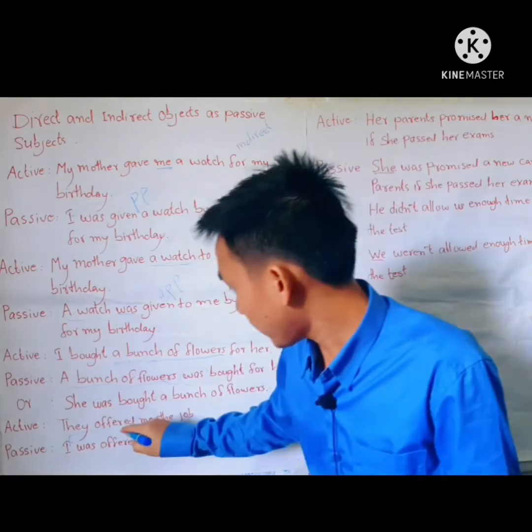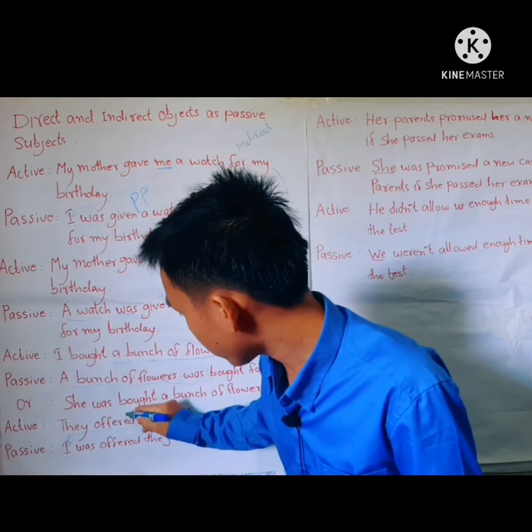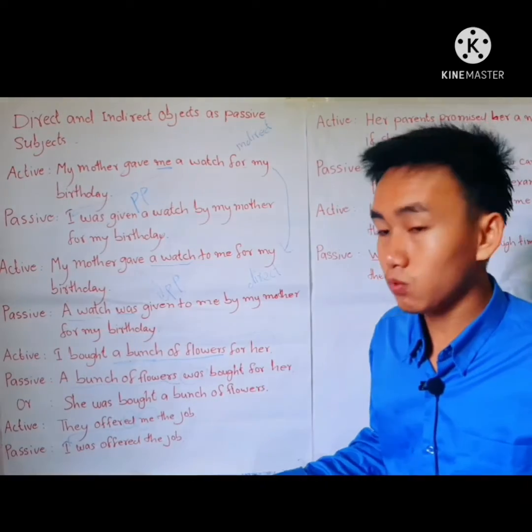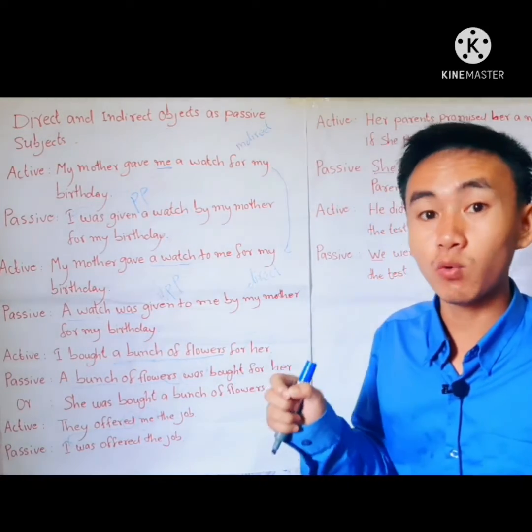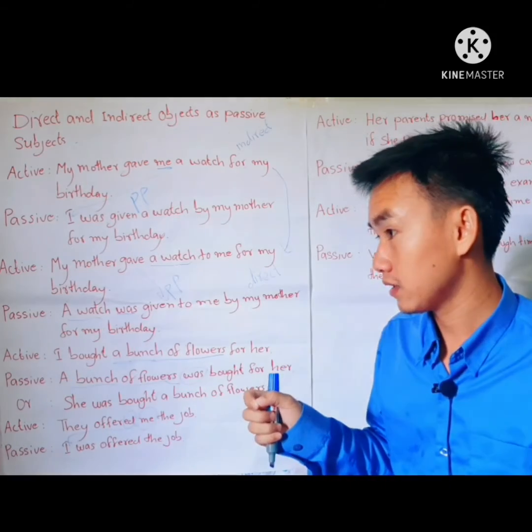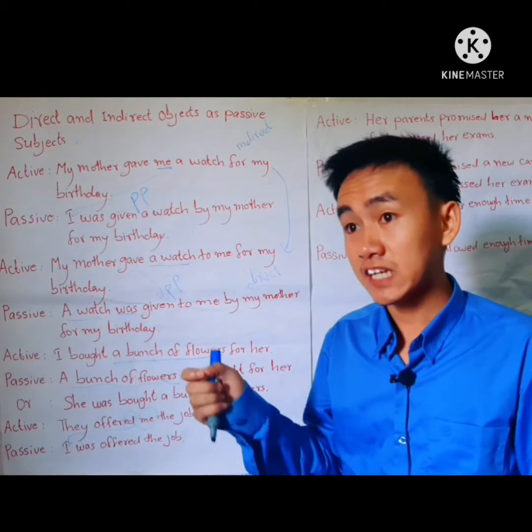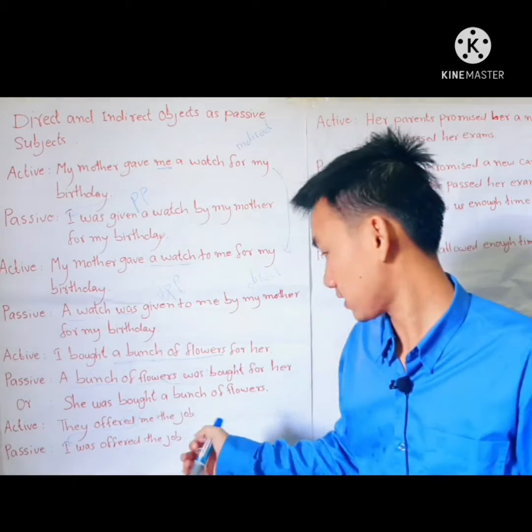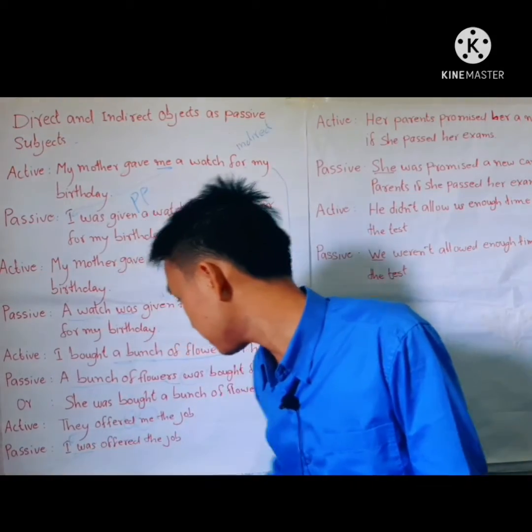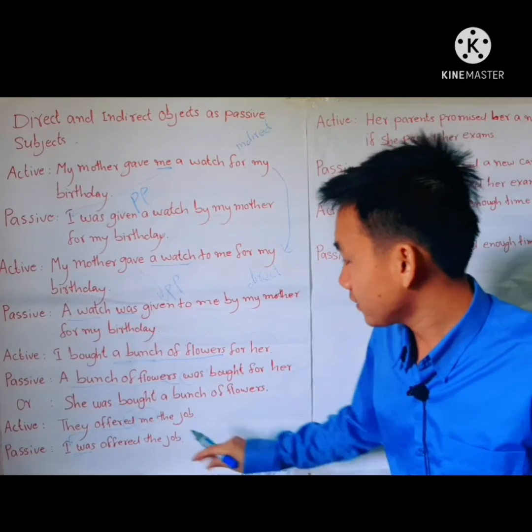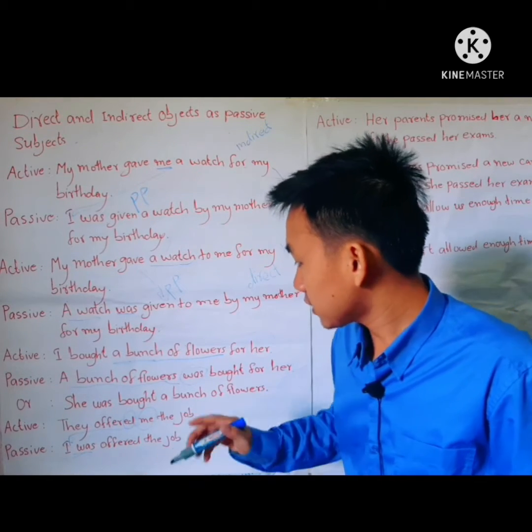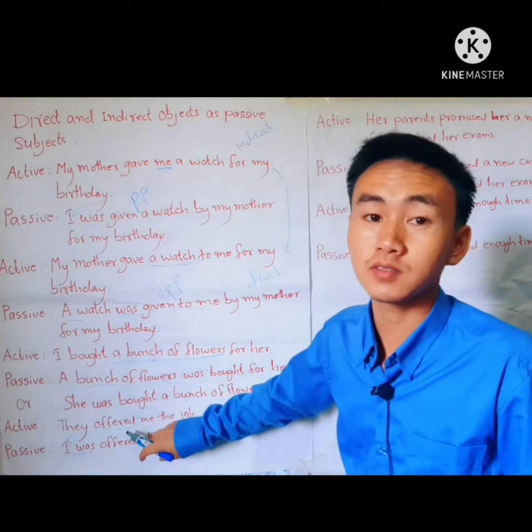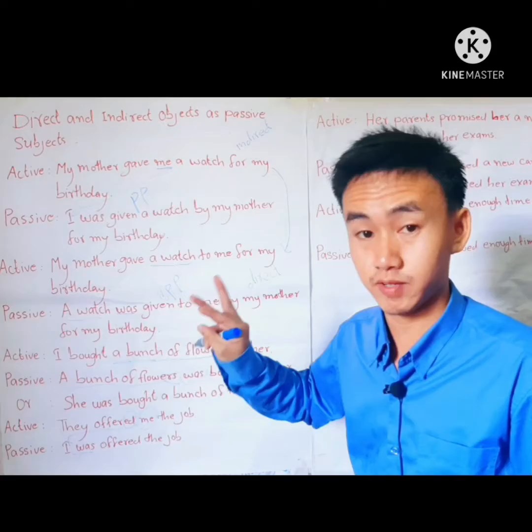But in this one, as you can see, offered, with -ed, means the past tense. So we use the verb to be in the past tense. I am, but in this one, I was, the past tense, right? I was here. And then we use offer again, but offer here is in the past participle, or V3, right?